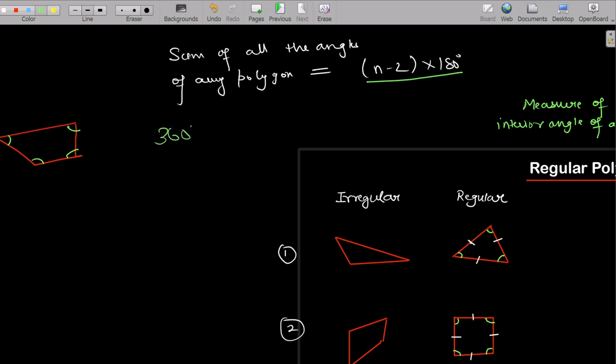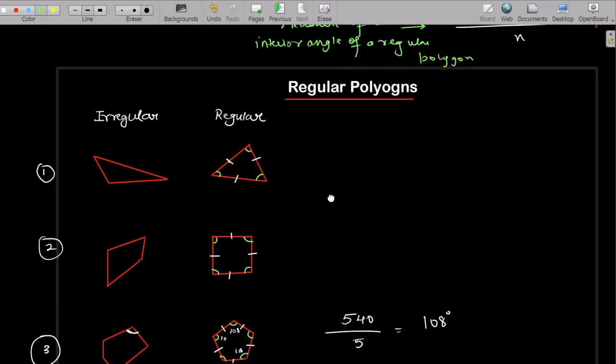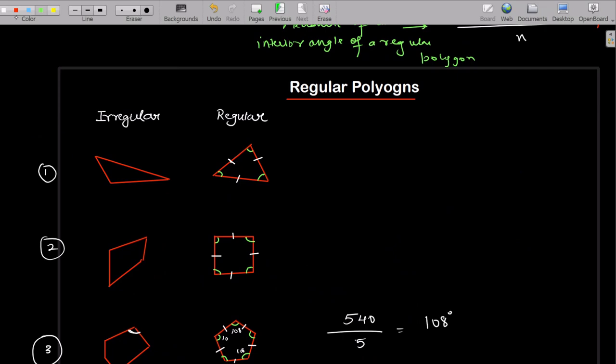Yes. So the sum of all the angles of a quadrilateral will be 360, and for a regular quadrilateral, if you want to find out the measurement of each angle, we divide 360 by 4, and that's how we get 90. So each angle will be 90. And for a triangle, you'll get 180. 180 divided by 3, and each angle will be 60.